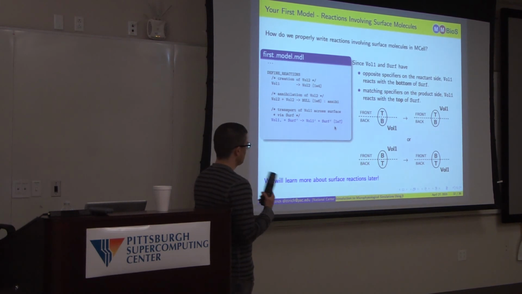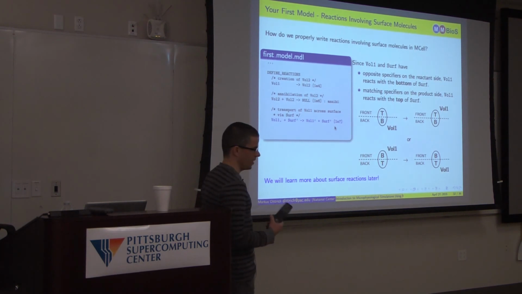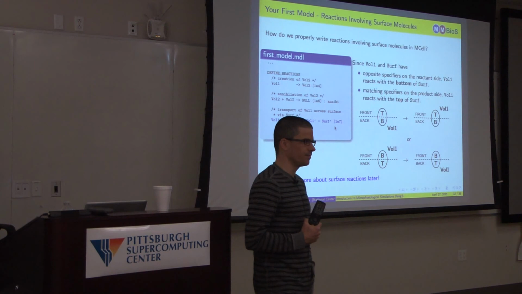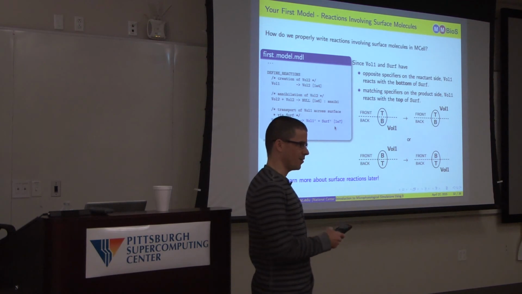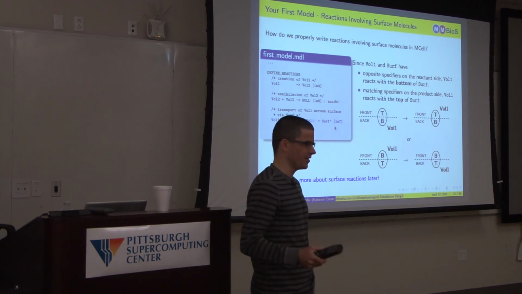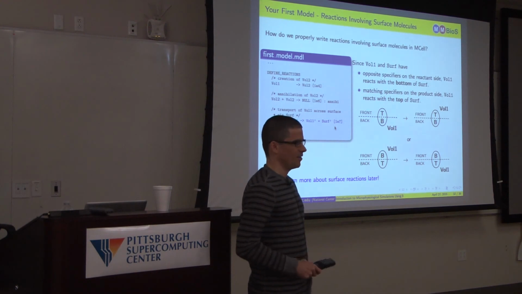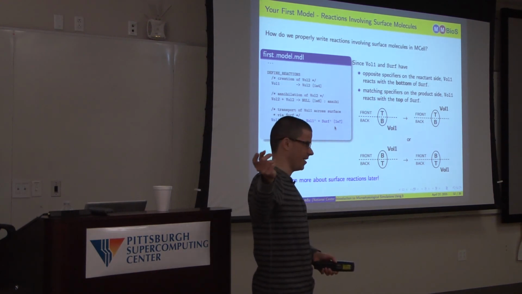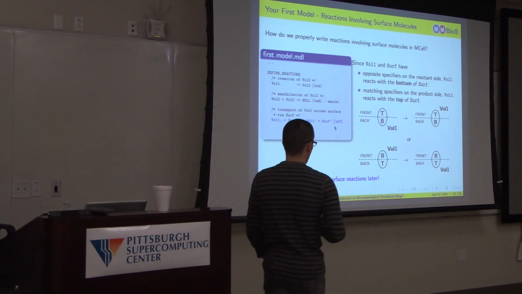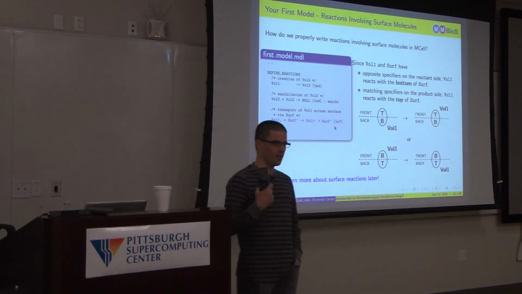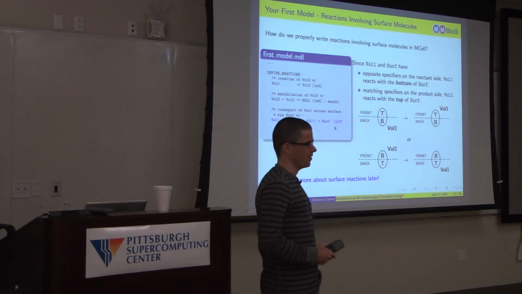I didn't mention this in the beginning, but it's really key, especially when you start setting up your simulation, to look at your simulation all the time. It's really easy to mess up a spatial simulation. You think you have it all figured out, everything's going into the right compartment, only to realize when you look at it that instead of going in, they're going out, or nothing's happening at all. So it's really critical when you set up your simulation to use CellBlender and look at it and make sure everything happens in the right compartment, molecules appear in the right direction, and transport goes in the right direction.